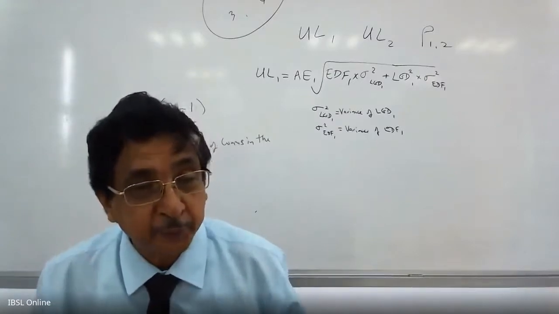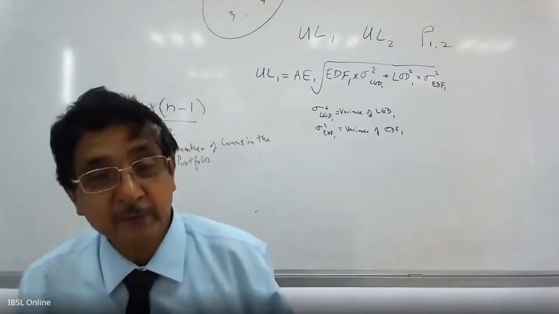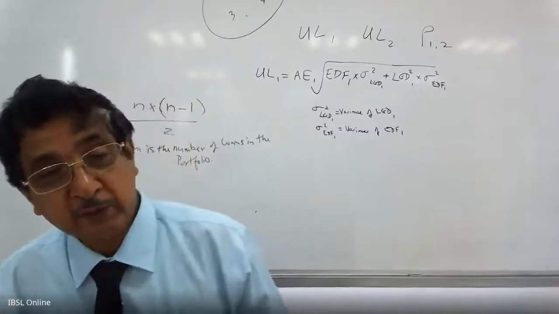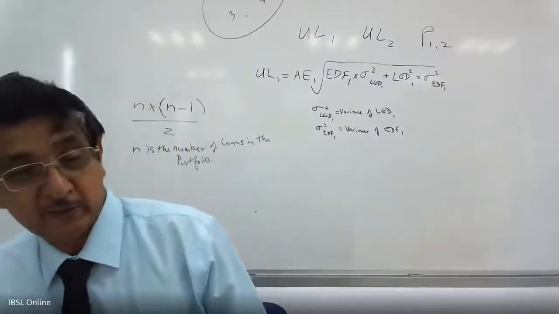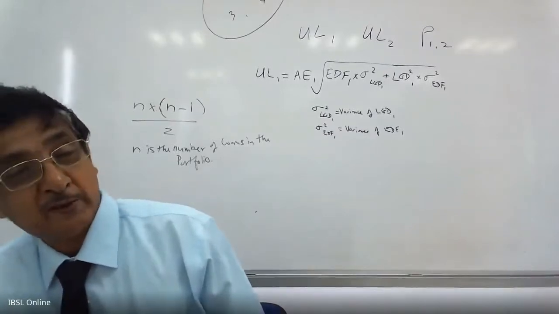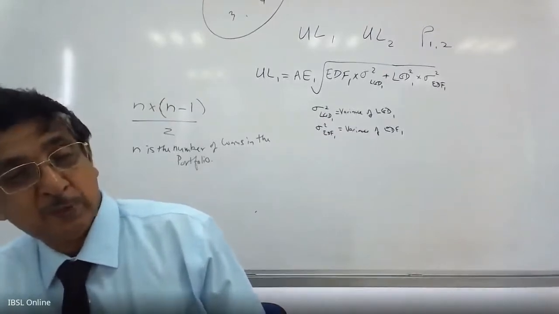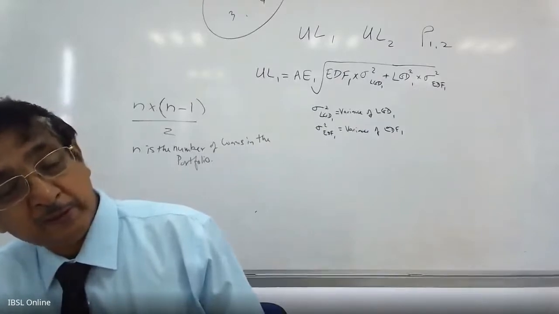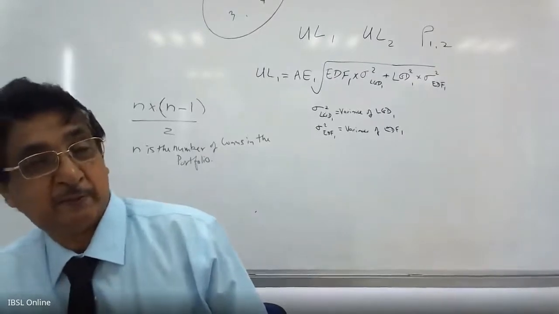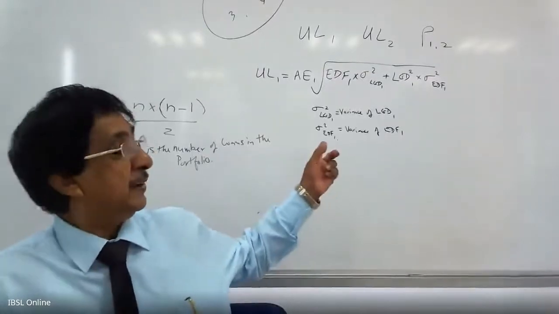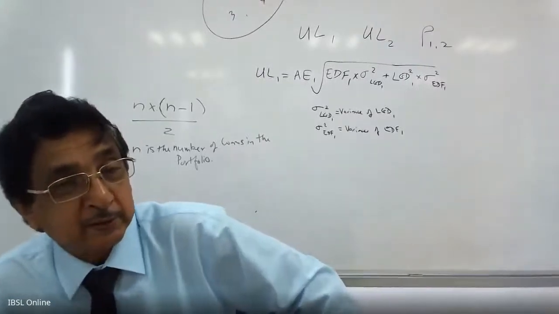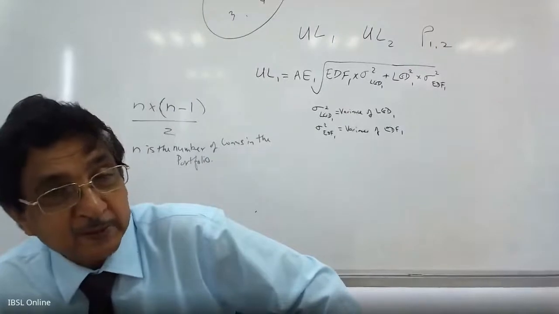But if you go by realistic assumptions, then your quantifications would be difficult, and you have to follow complicated procedures to do that. That is the issue. But even though it is complicated, it's possible to arrive at the figures. Now I have given here a formula about the unexpected loss.